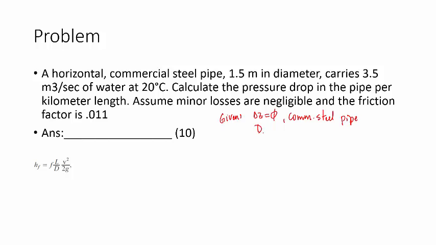And the diameter is 1.5 meters and carries 3.5 cubic meters per second, so you should know that that's Q, 3.5 cubic meters per second, units of volume over time. The temperature is 20 degrees Celsius. And so calculate, and this is where you have to read the instructions very carefully. Pressure drop per kilometer of length. Okay, assume minor losses are negligible and the friction factor is 0.011.